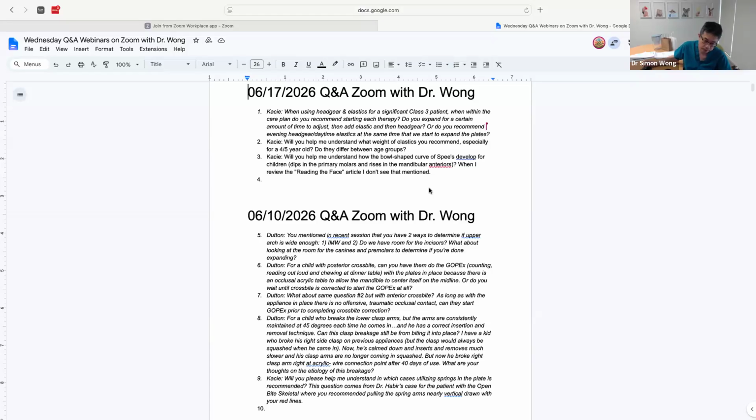You might use 3/16, 6.5 ounce. It just depends on how retentive the appliance is. If you can't get it retentive enough to use a heavier elastic, it's better to use a lighter elastic more often, and at least you get something out of it.